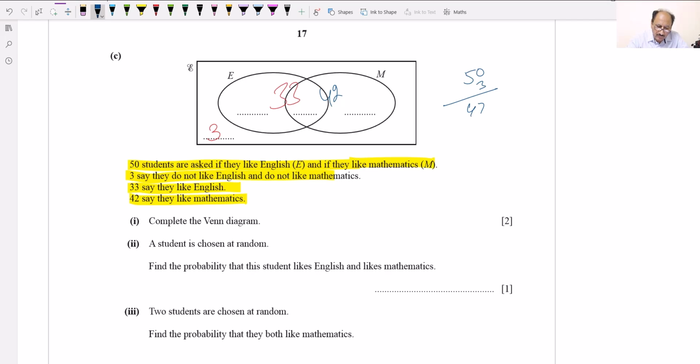So we can split this, for example, if this is x and this is 3, and this one is 42. We have to complete the Venn diagram.